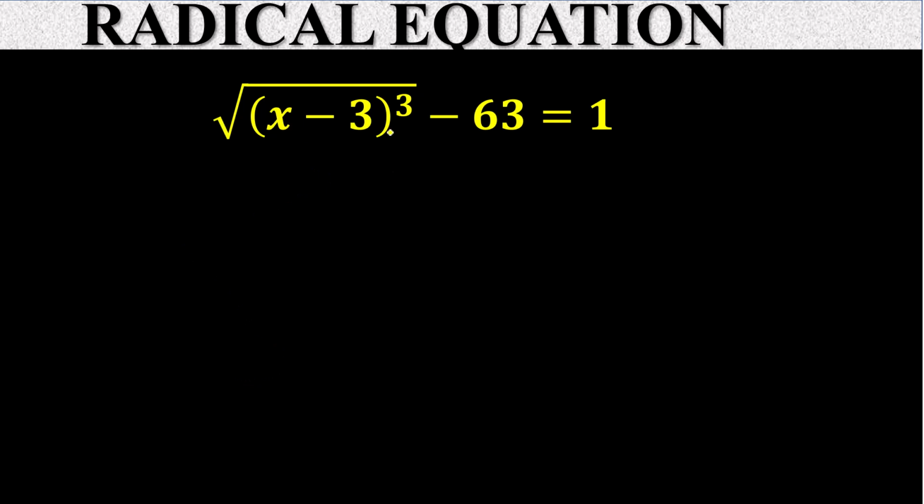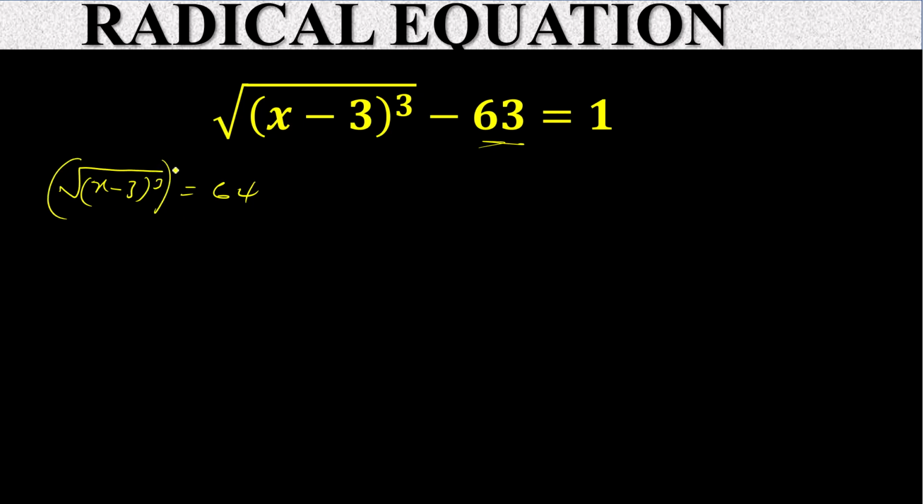In this one we have minus 63 tied to this, so let's send this one to this side. I'll be left with x minus 3 to the power 3 equals 63 plus 1, which will be 64. Alright, so let's remove the root sign.